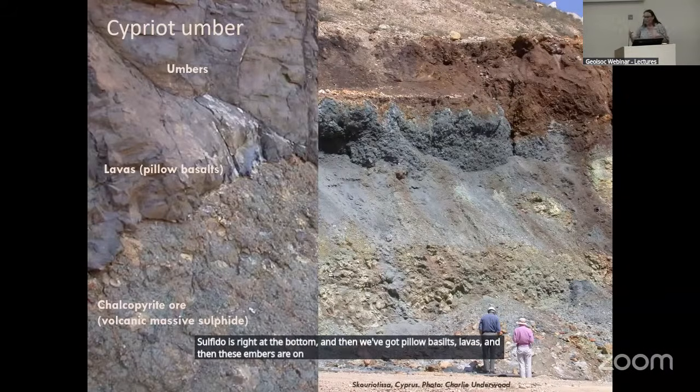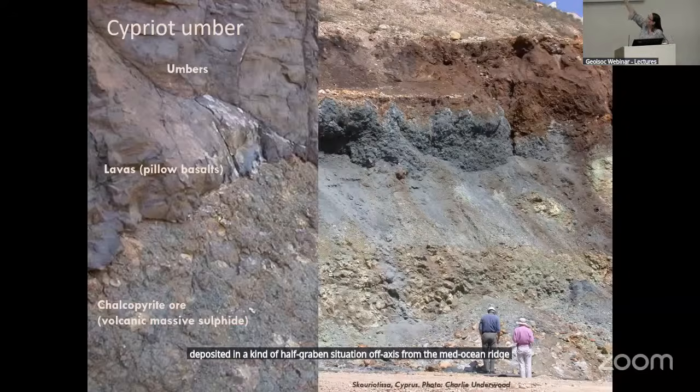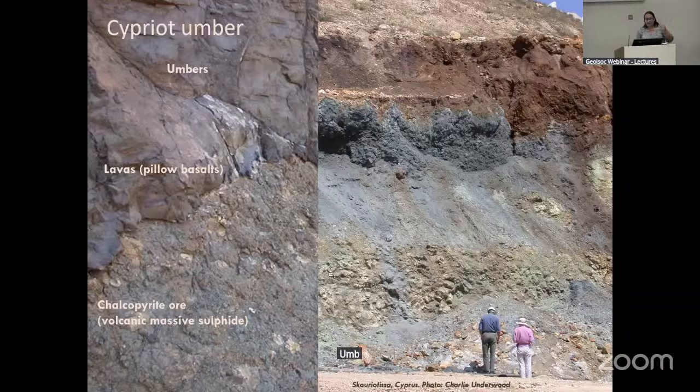They're deposited from minerals precipitating out of seawater, which originated in black smoker environments at the mid-ocean ridge axis. So they're typically deposited in a kind of half-graben situation off-axis from the mid-ocean ridge. And here we've got massive sulfides again at the bottom of this pit. Again, the same sequence, pillow lavas and the brown umbers overhead.